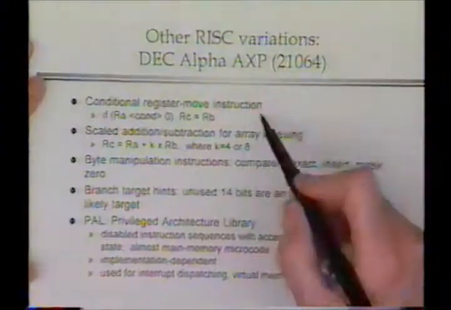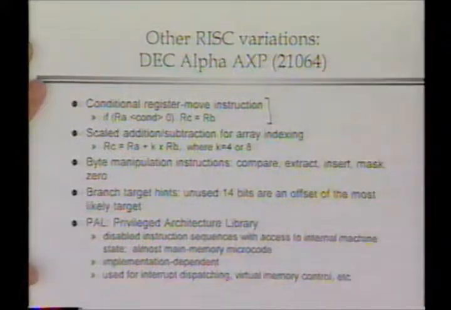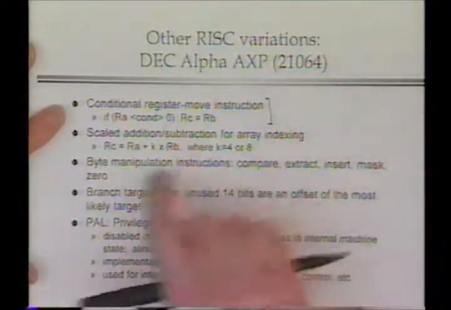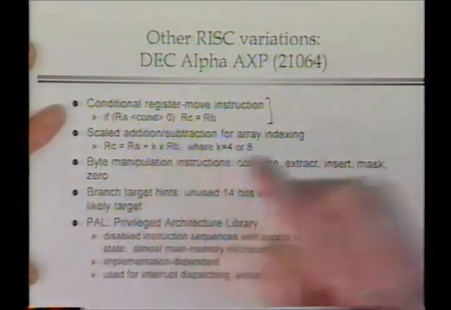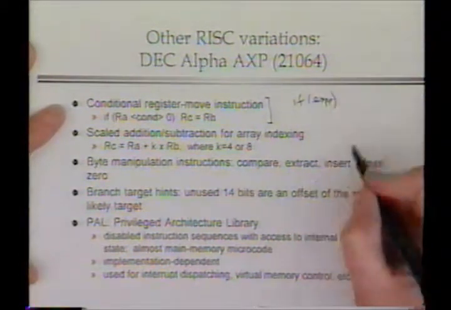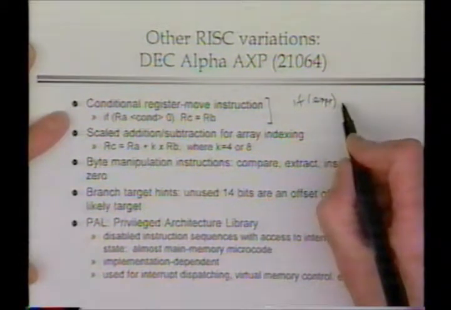Okay, let's look at another variation, the DEC alpha. One of the things we'll see, and you probably already know, is that branches are very hard to make go fast. One way to make them go fast is to make them disappear. And you can make them disappear when you're writing a simple if expression that, let's say, assigns a variable.